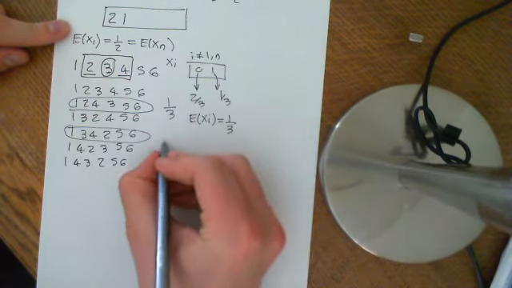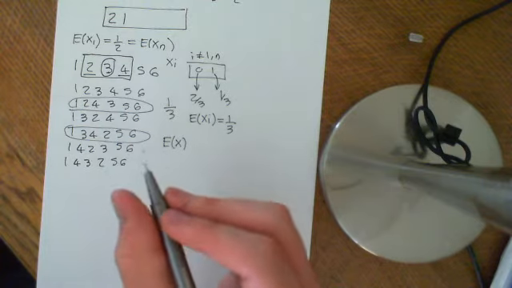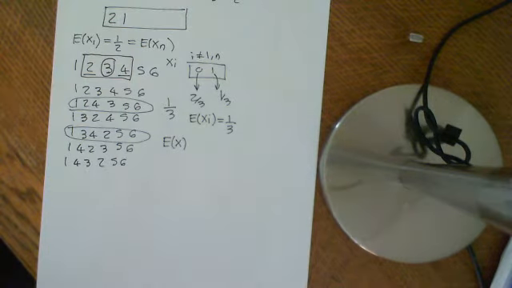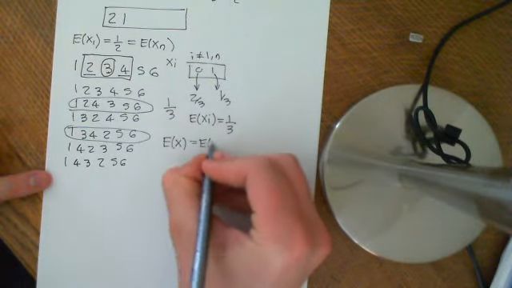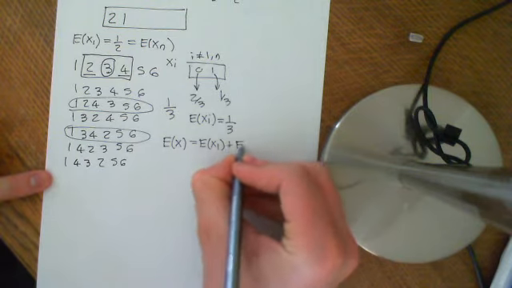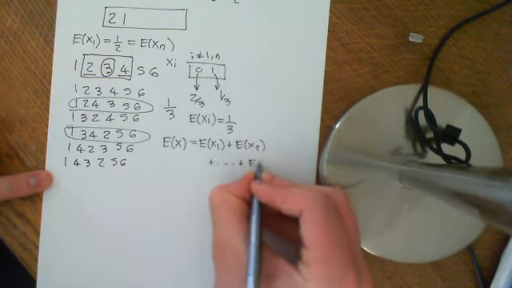Therefore, the expected value of our overall x, which counted the number of local maxima throughout the whole permutation, is equal to the sum of E[x1] through E[x2] and onwards, up to E[xn].